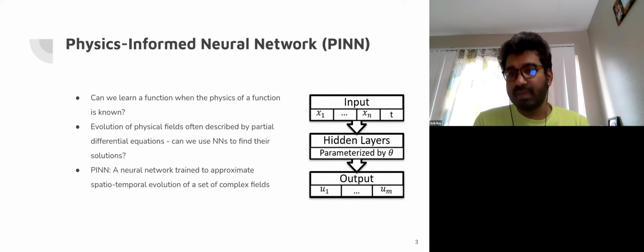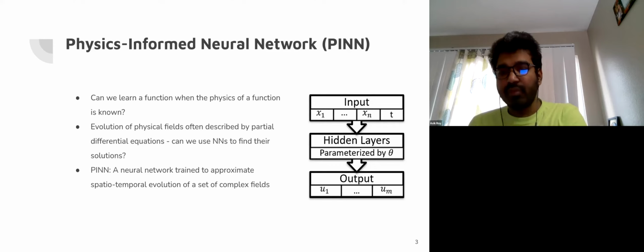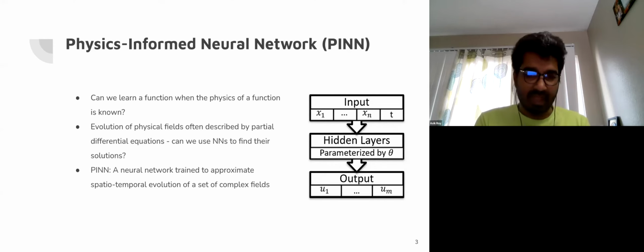You can have multiple PDEs describing multiple fields in a coupled fashion, with hidden layers in between parameterized by a generic set of parameters theta. How can you train a neural network to learn how these fields will look at different points in space and time?